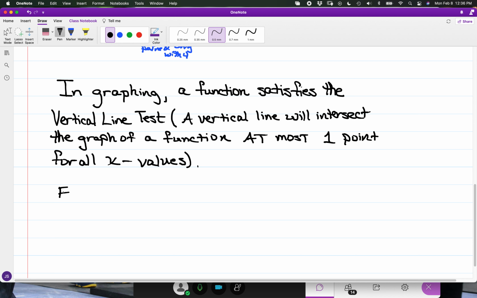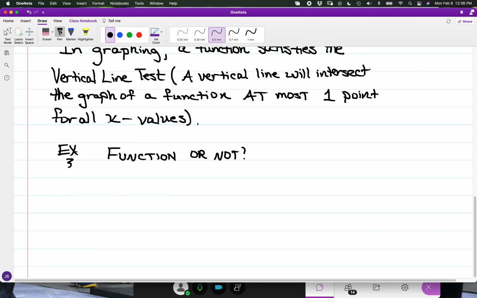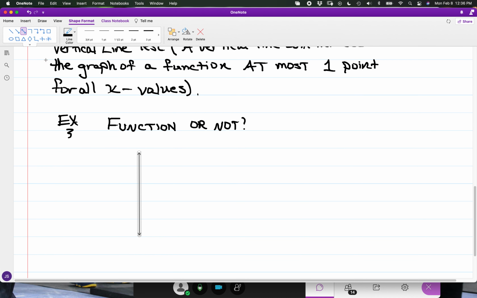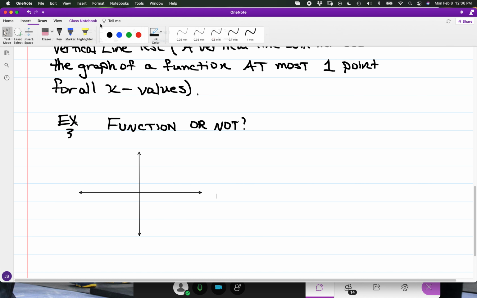And so if you were to test using the vertical line test, we'll say that we have, starting out, the XY coordinate system. Now I'm not going to assign numbers, but you have the x-axis and the y-axis as number lines.